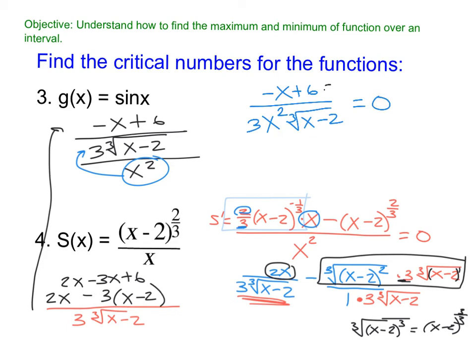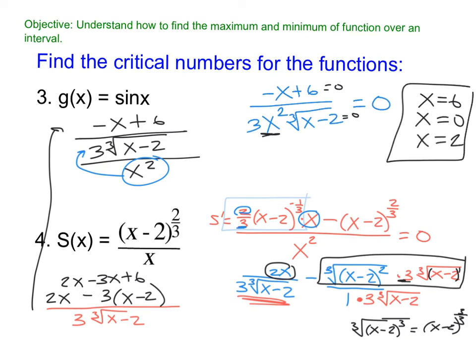Set the numerator equal to 0, x equals 6, and then set the denominator equal to 0. So we get x equals 0 and x equals 2. So those are our critical numbers. That was rough. We're going to do it again. We're going to do the problems like this a lot because they're very common.